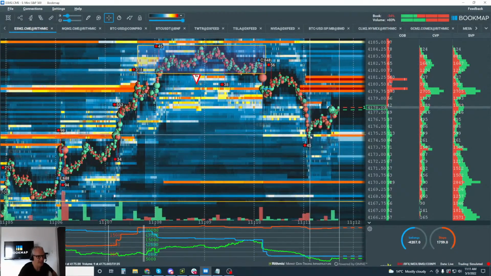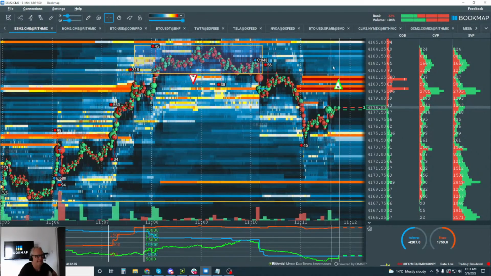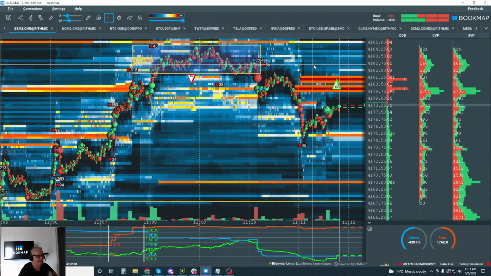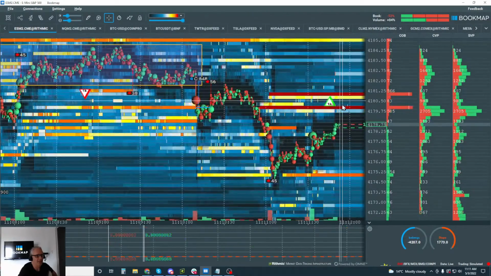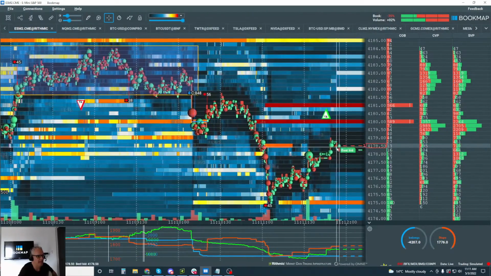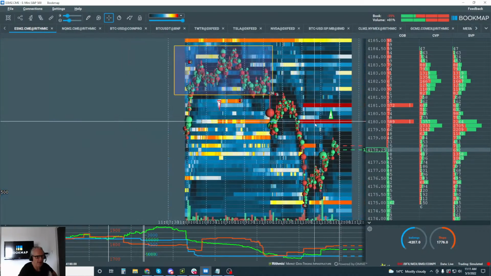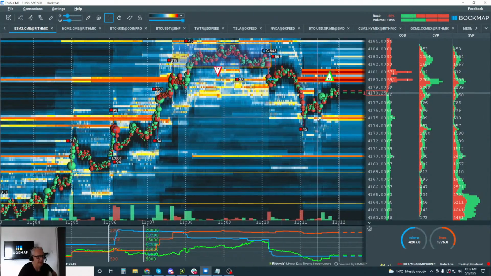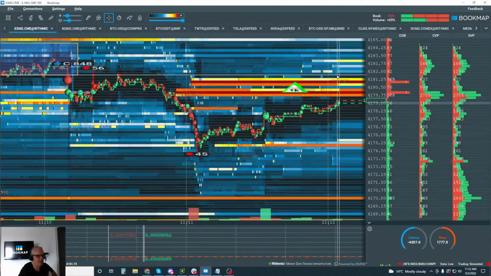We've already traded our 75. That was the target. And I'm surprised to see buyers interested to trade it back toward this liquidity here. Very surprised. And here they go.